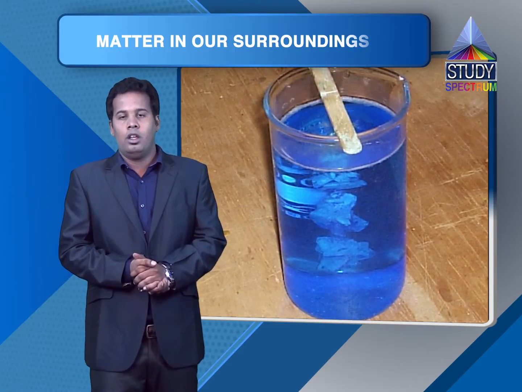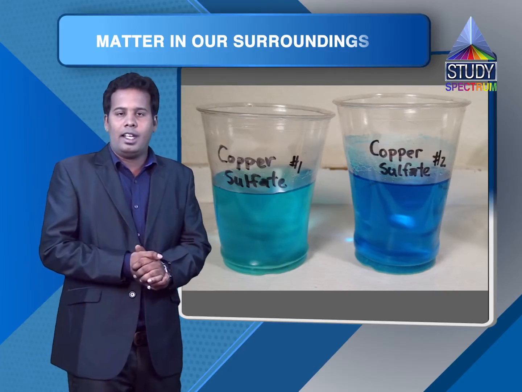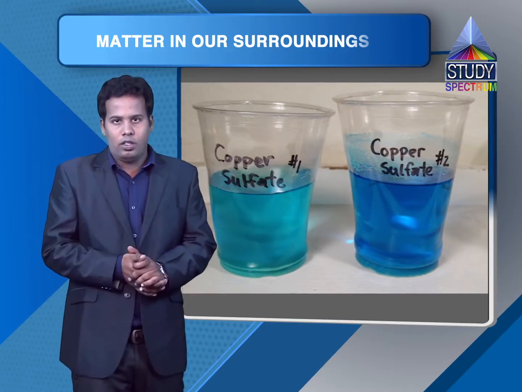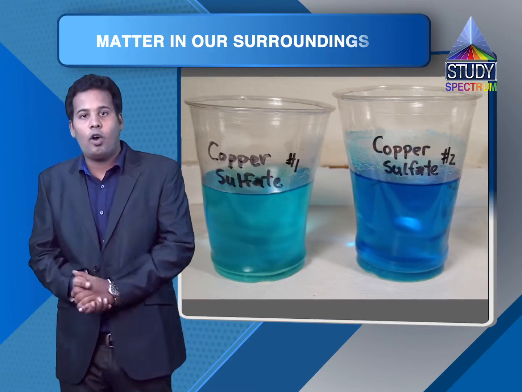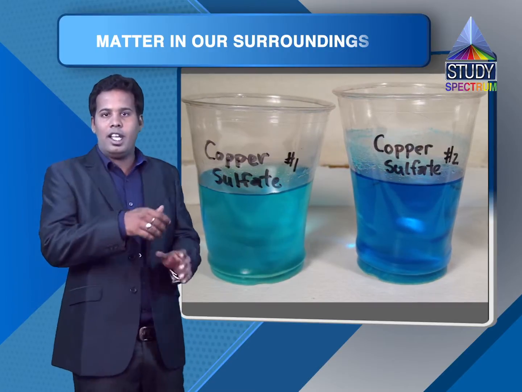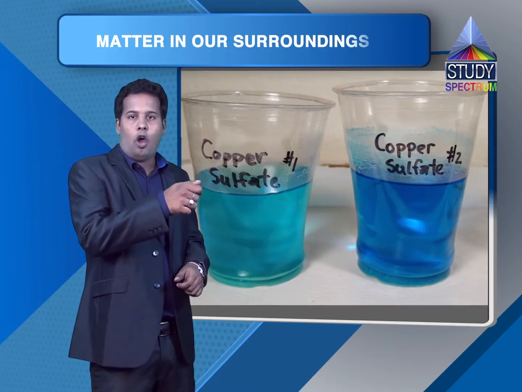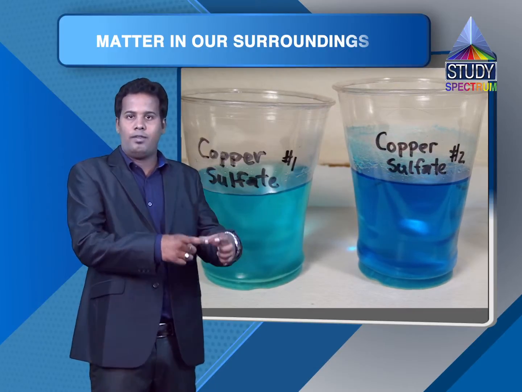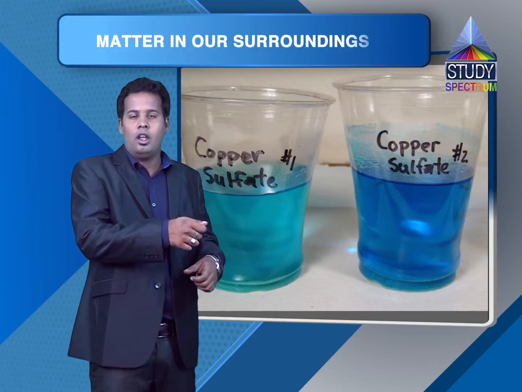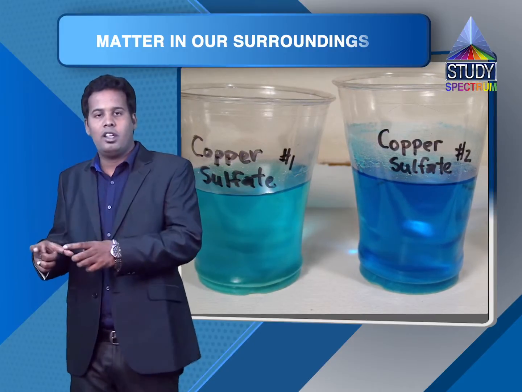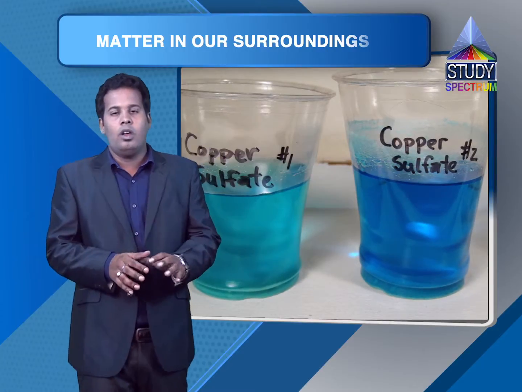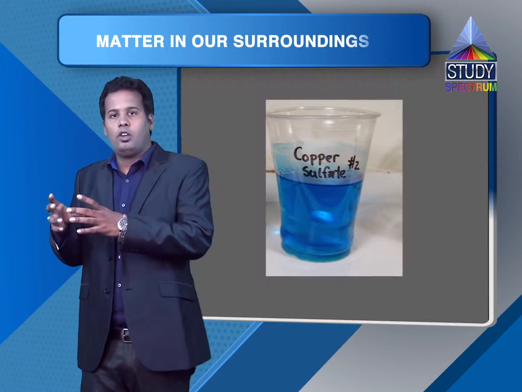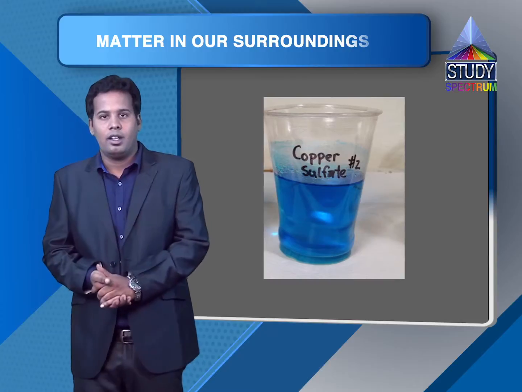Once you mix that copper sulfate into 100 ml of water, you can see the color of the solution as blue. Now what you do is, you take 10 ml of that solution from the very first beaker and pour it into another beaker containing 90 ml of pure water, correct? Now just assume the water to be 100 ml in the second beaker.